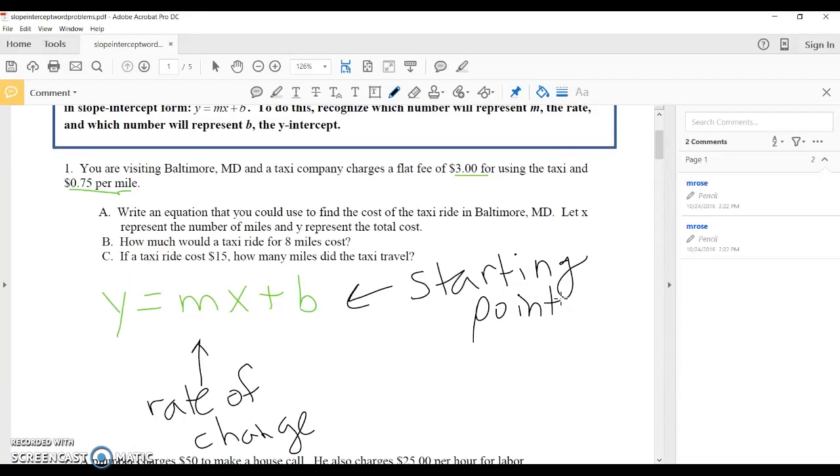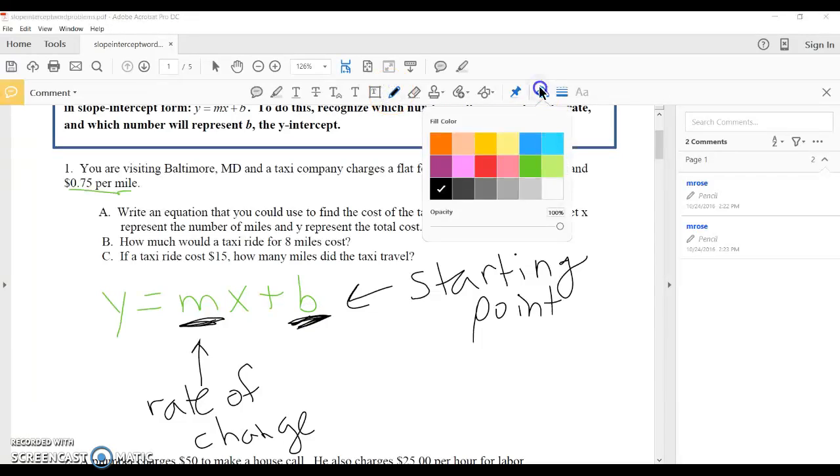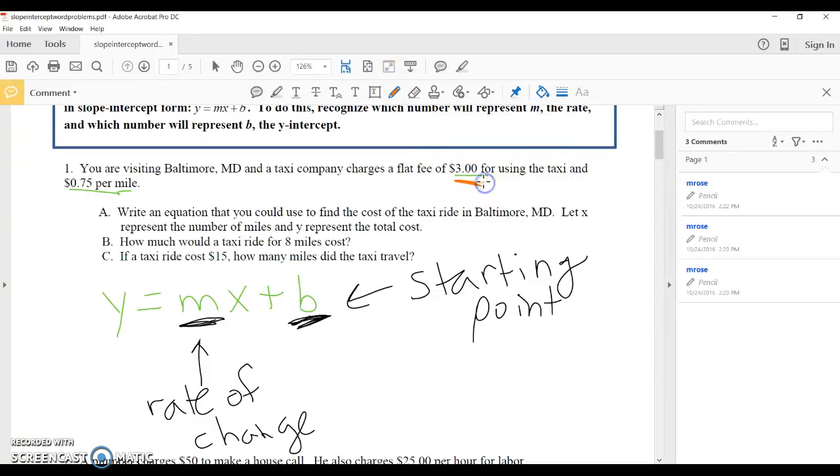So this is the idea behind this: this now becomes my rate of change, and this becomes my starting point. So in this problem, I'm going to read that and ask, what does that 3 represent for me? Well, that 3 represents my starting point. It's my flat fee that they charge me right off the bat. So that's going to go in for my y-intercept.